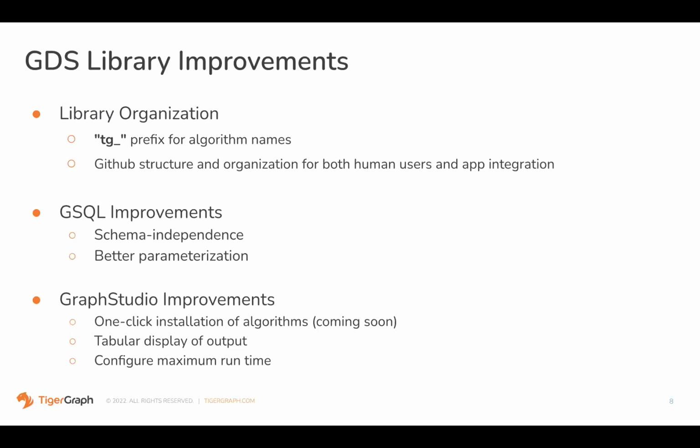And you can also configure the maximum runtime, which also is already in the current product. All of these things make running algorithms easier, so that you can focus on getting the insight from the results, and not having to hassle with how to do this. So that's an overview of the improvements.